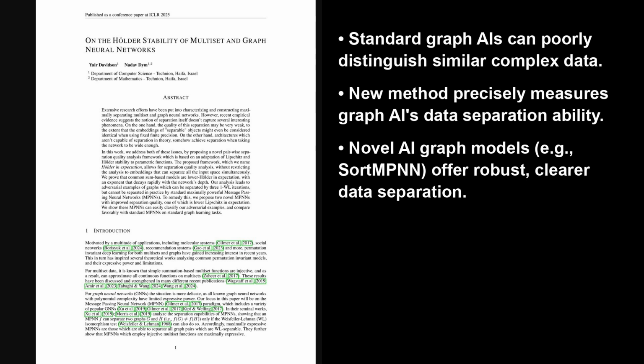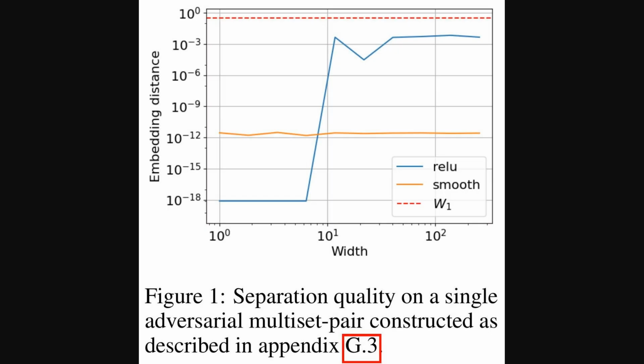separation in these networks. Okay, so to really see this issue of separation quality, the figure plots embedding distance. That's a measure of how differently the model represents two inputs, against network width, which is like the number of internal processing units.